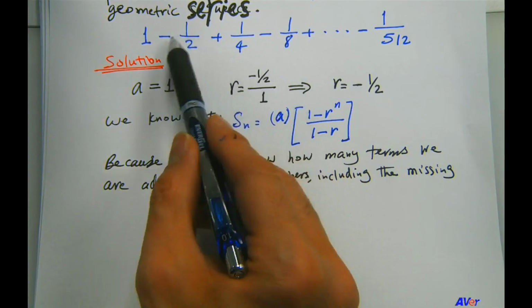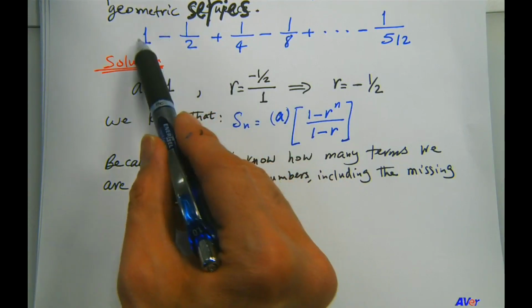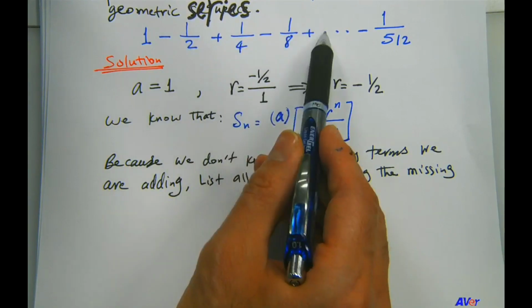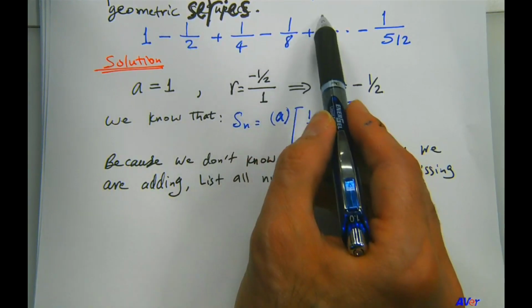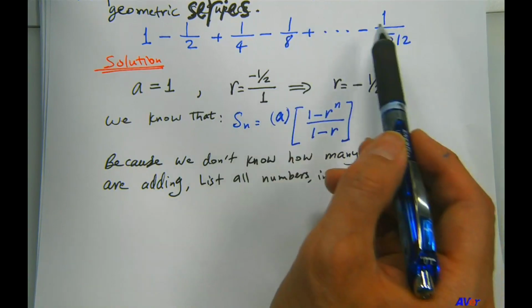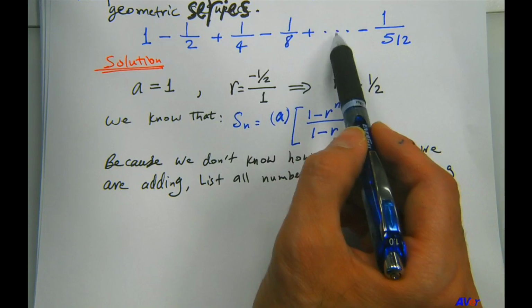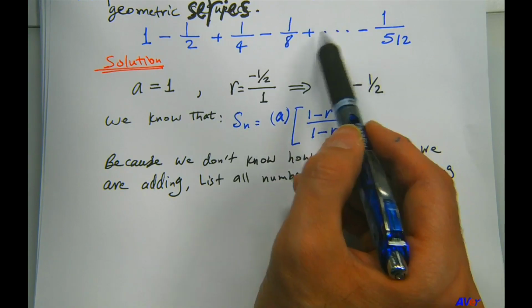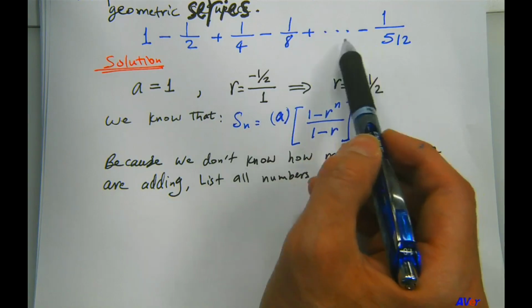Noticing also that we have alternating algebraic sign, keep that in mind. So the next one would be positive 1 over 2 to the 4th power, or 1 over 16. And the next one after that would be negative 1 over 2 to the 5th power, which is negative 1 over 32, and so on and so forth.